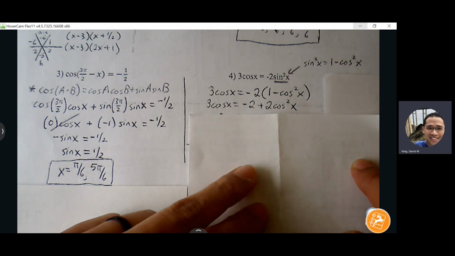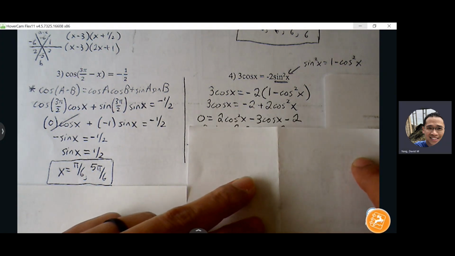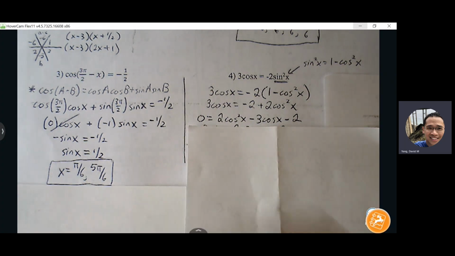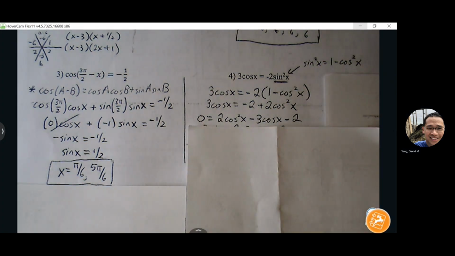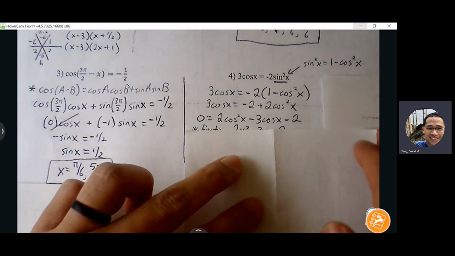Actually, I'm going to move everything to the right side to maintain that cosine squared being positive. Yes, you can just change the sign of every term, the same thing. Okay, trinomial factoring.